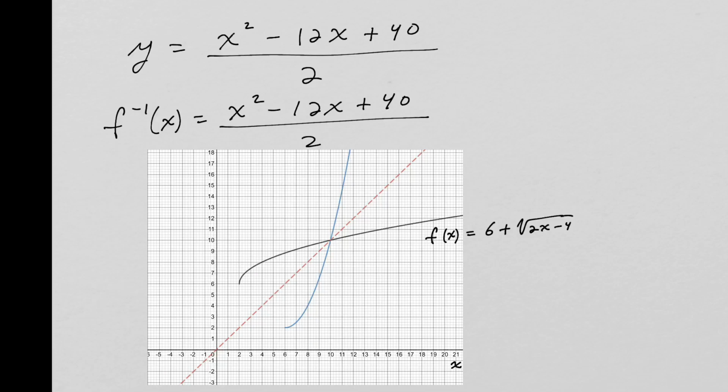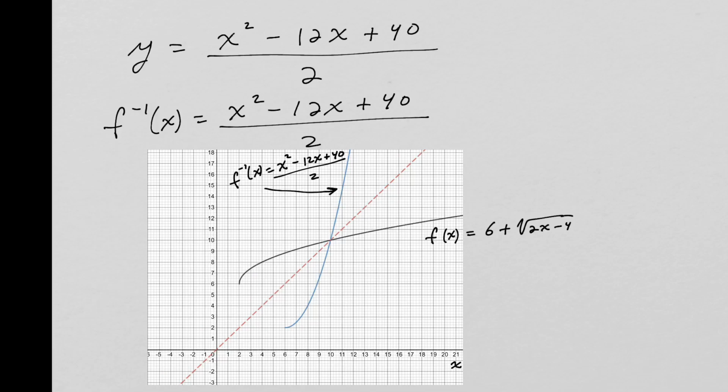And then the blue graph was my inverse. And the inverse, remember, we just figured out was x squared minus 12x plus 40 all over 2.